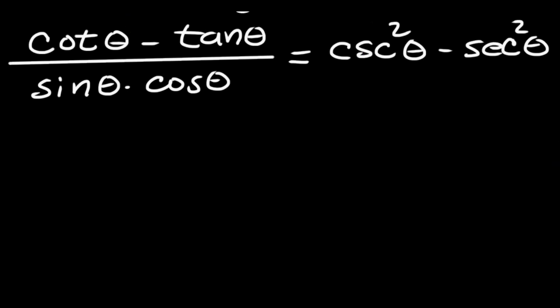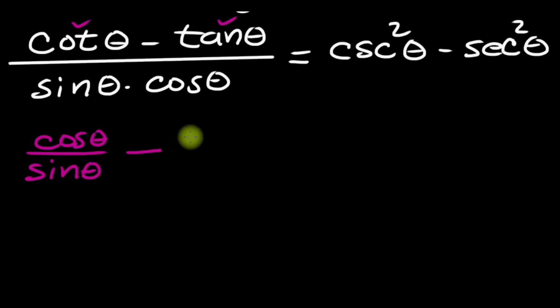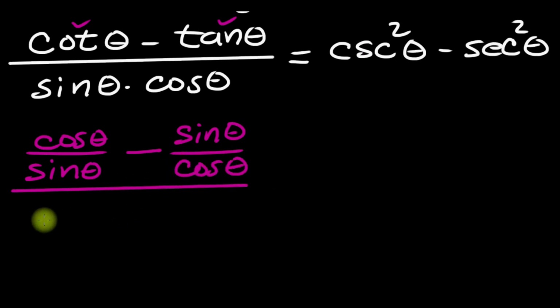All right, so what we're going to do here is rewrite cotangent and tangent into sines and cosines. So cotangent is cosine over sine, minus tangent is sine over cosine, all over sine times cosine.